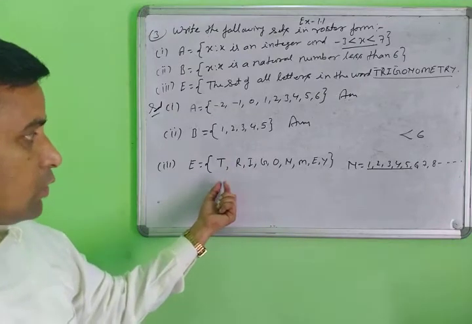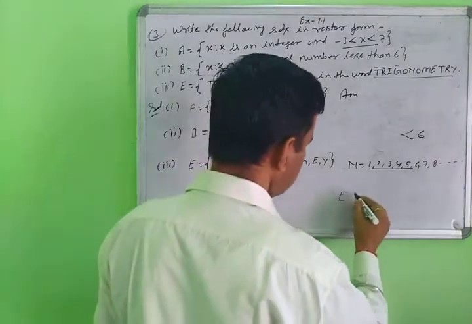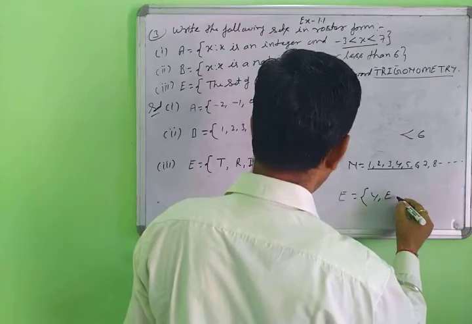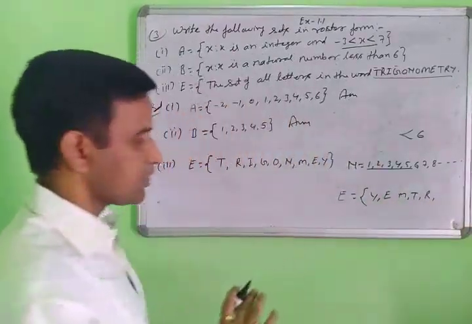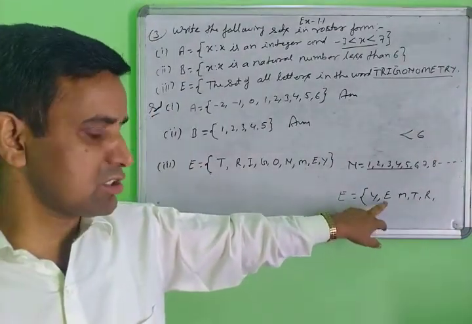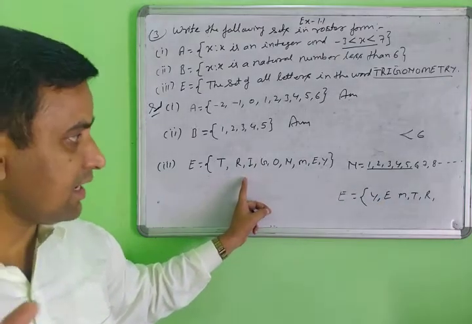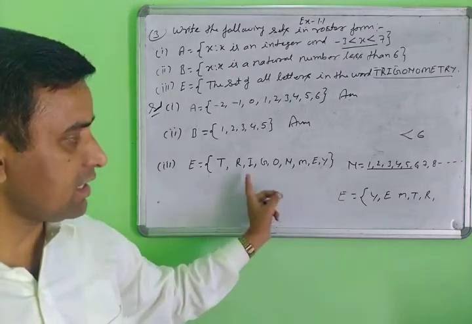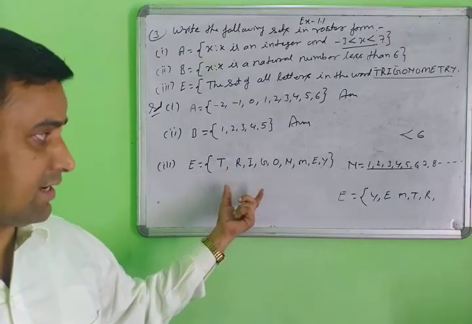According to the first rule, you can write any sequence. Suppose you write the set starting with Y, E, M, T, R. It does not matter what your sequence is. This is rule one. According to rule two, you don't repeat any letter or digit. So follow rule one and rule two.